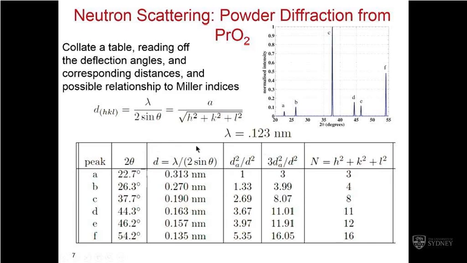And then, so what we are doing is we are saying the smallest angle feature here, we can easily get the interplanar spacing of that, and the subsequent spacings are smaller because they are at a higher Miller index. So I'm getting there. I'm getting there.